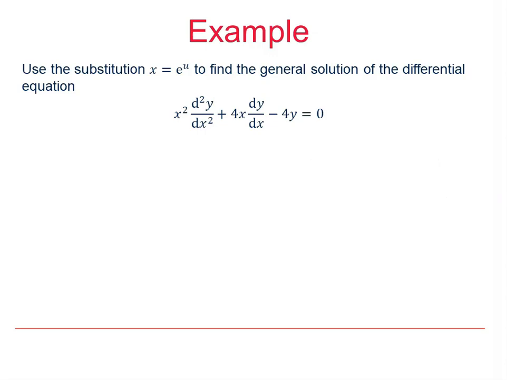So we're asked to use the substitution x equals e to the u to find a general solution of this differential equation. So we're going to have to find substitutions to get us the second derivative and the first derivative. And let's see how we can do that.